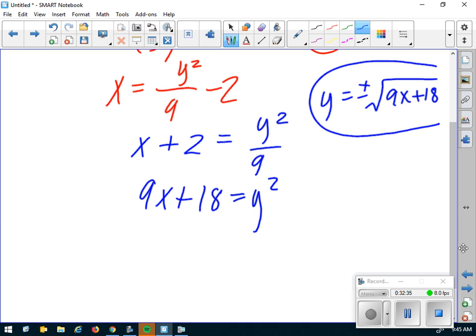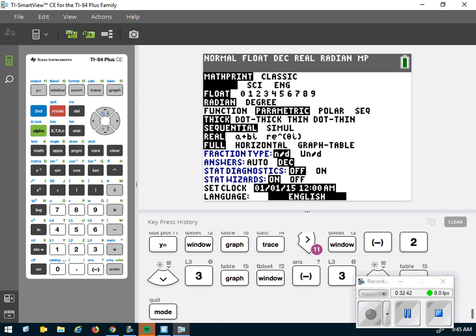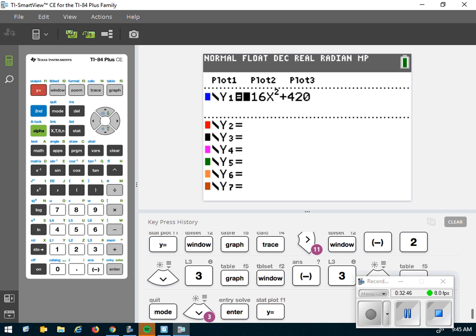Go to your calculator, put it back in function mode. Can't do plus or minus. So what you're going to have to do is do this.